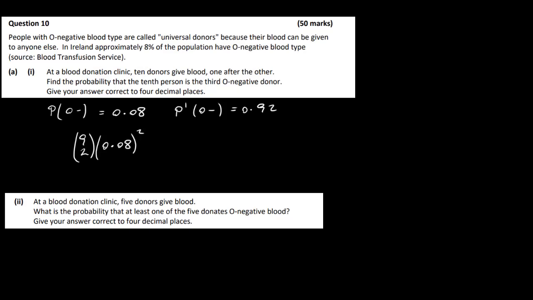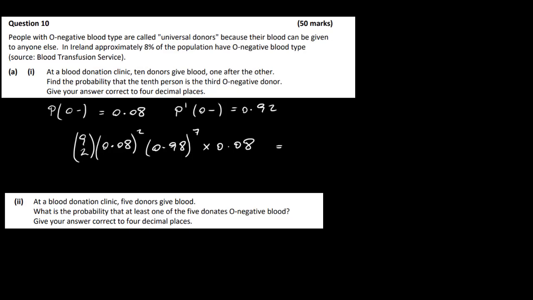And then 0.92 to the power of 9 minus 2, which is 7. So this is the first 2 people within the first 9 being O negative, and then the third person who is O negative has to be the 10th person who donates. So that would be 0.08 out here. So this is our probability.